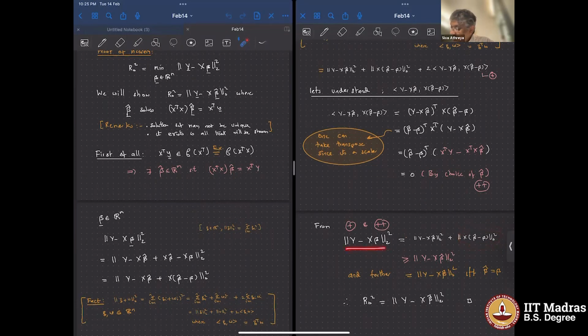That means this expression is always bigger than or equal to y minus x beta hat, L2 norm squared. And when is it equal? Only if this term is 0, and it is 0 only if beta hat is equal to beta. That means the R0 you started with is exactly y minus x beta hat squared. Quite cool. Nice. So I've shown you the existence of a least square estimate, and it solves the normal equations.